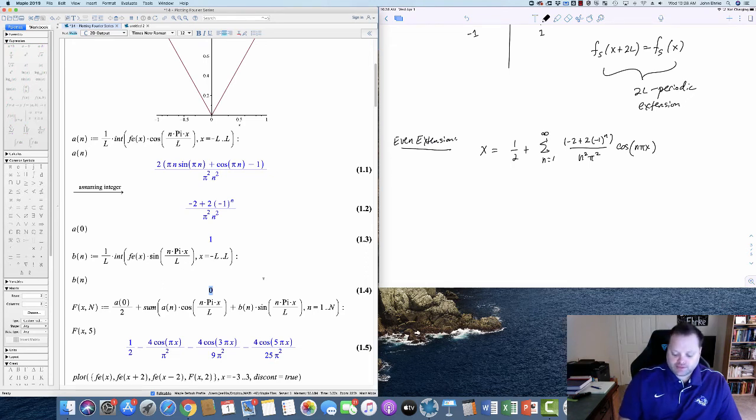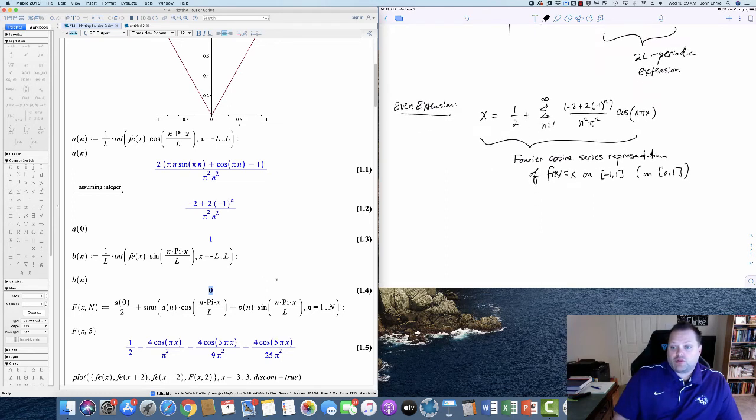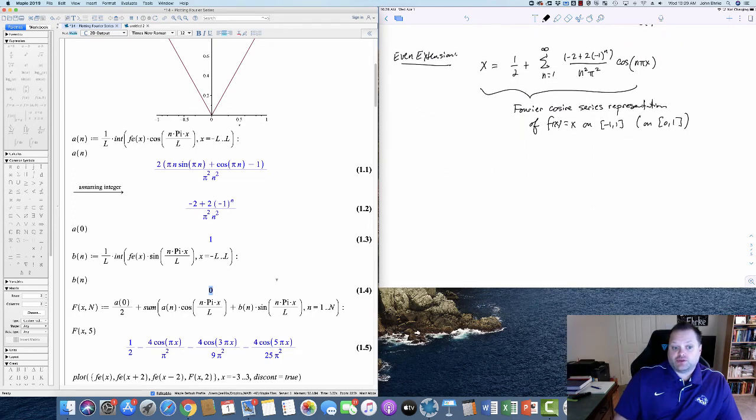So this is what we call the Fourier cosine series representation of the function x on the interval from, well, technically we computed it on the interval from -1 to 1, but for this problem I really only cared about what that representation looks like on 0 to 1. So that would be the even extension answer for this problem.